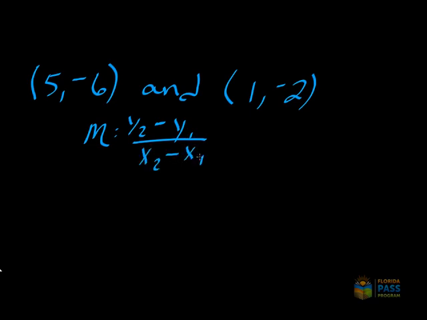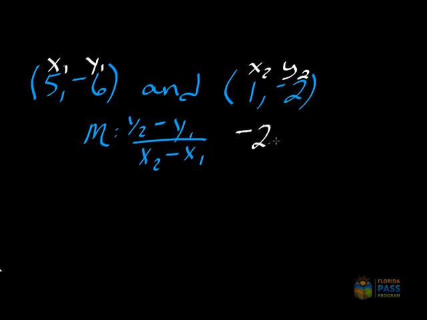Some of you may have a formula sheet, and you can also refer to your formula sheet if you choose. Once you write the formula, now let's label our x1 and y1. That's your first point. Here's your second point, so this is x2 and y2.